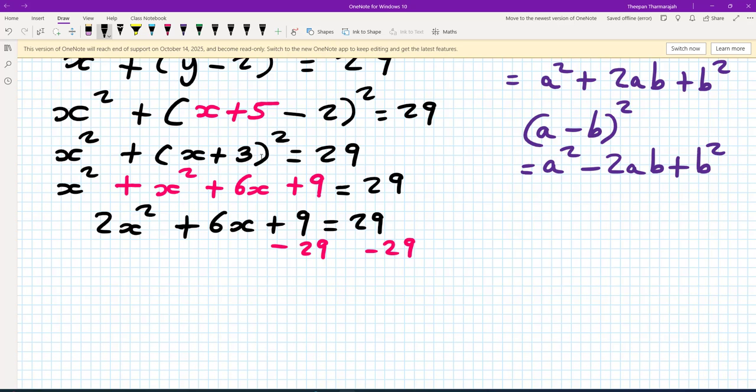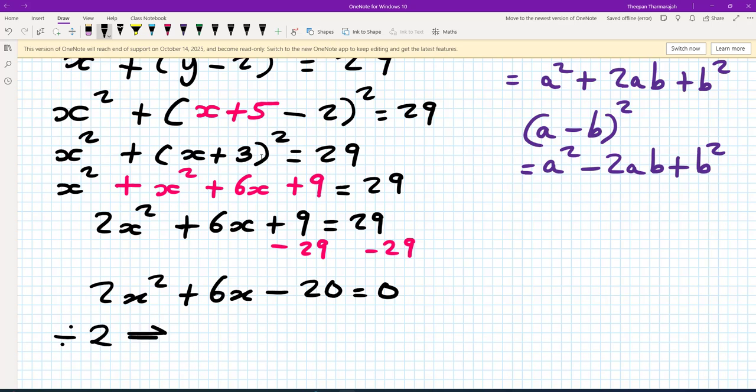Therefore we have 2x squared plus 6x minus 20 equals 0. We can divide throughout by 2. This symbol is called 'this implies'. So we get x squared plus 3x minus 10 equals 0.